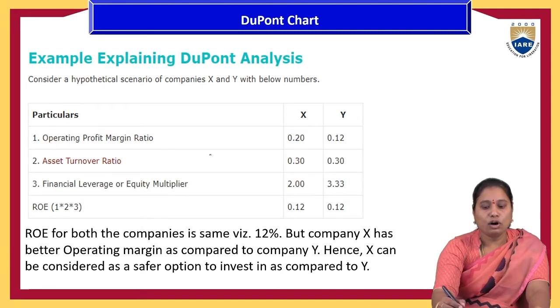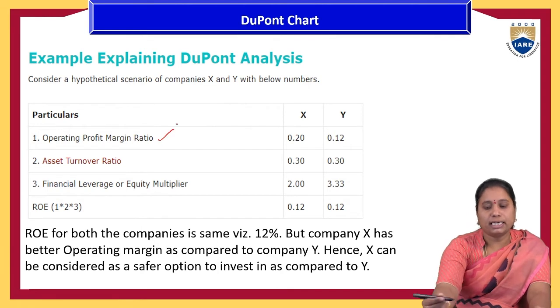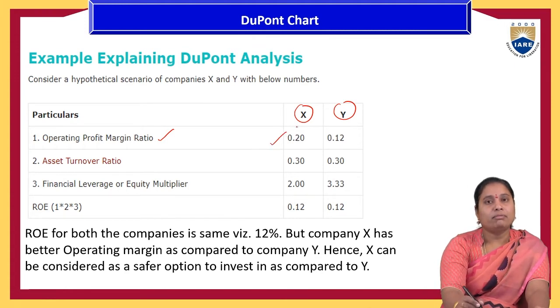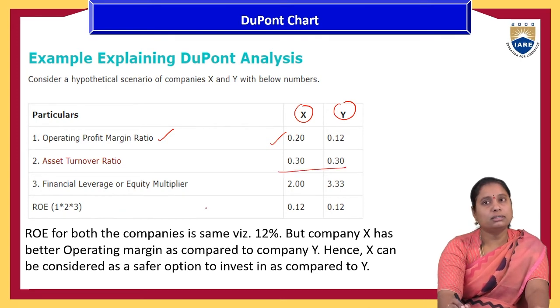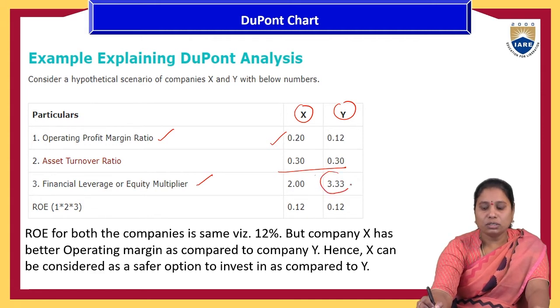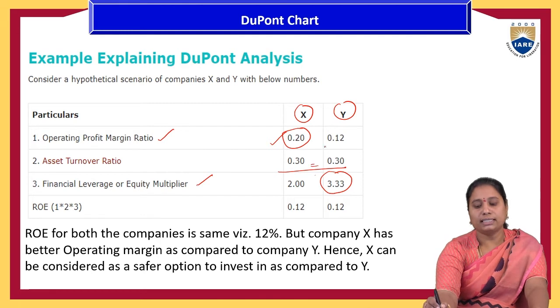Let us say the operating profit margin ratio is calculated for X company and Y company. The operating margin ratio for X company is high, whereas the assets turnover ratio is equivalent for both companies X and Y. If we see the financial leverage, or the equity multiplier, of the organization, Y company is more than the X company.